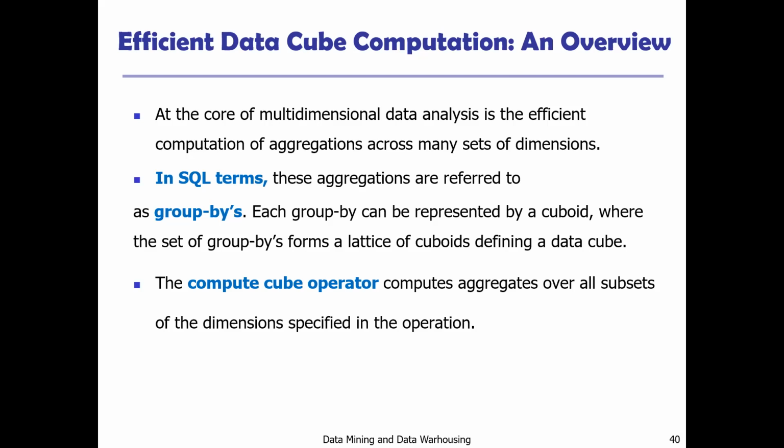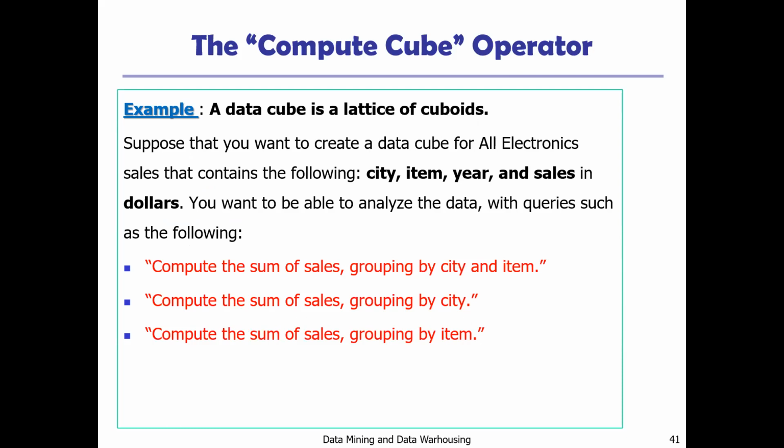When we think about group bys in the data cube, we're actually thinking about possible groupings from which we can retrieve values. For example, here we have the data cube of all electronics having 3 dimensions: city, item, and year, along with sales in dollars as a measure.